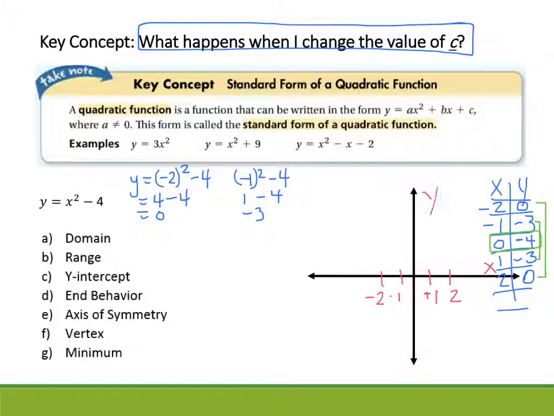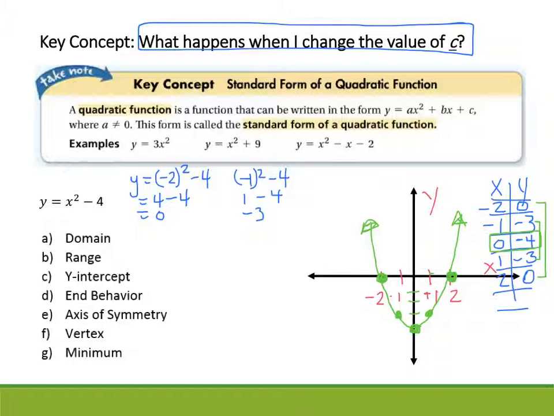This is the y-axis. -2, 0 would graph, let's change colors here. -2, 0. -1, -3 would be here. 0, -4 would be down here. And then 1, -3 would be here. Notice how I'm getting these points. These are reflection points, by the way. They're mirror points. Okay. And I can draw my curve, and it's going to look something like this.